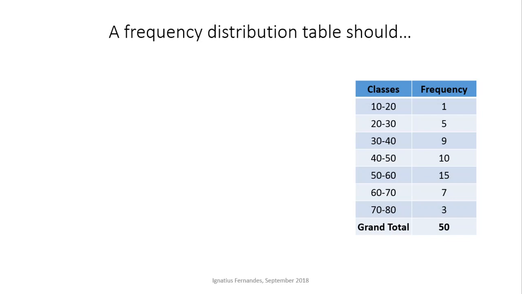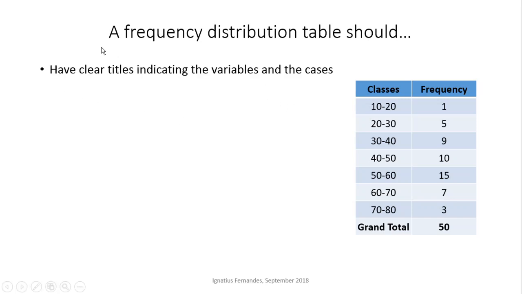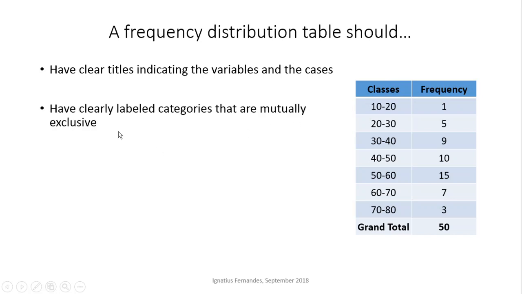Some important things we need to keep in mind when writing down a frequency distribution table: we should always have clear titles indicating the variables and cases. Have clearly labeled categories that are mutually exclusive.